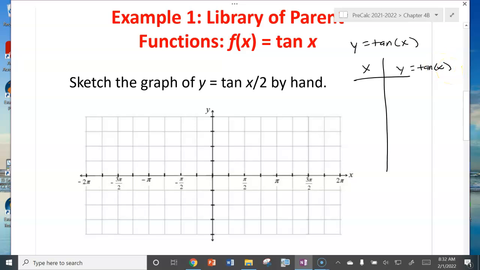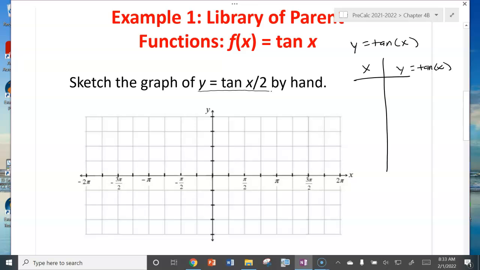And then once we have that, we can transform to do y equals tangent of x over 2. So first is going to be the parent function, tangent of x, and then next is going to be the transformed function.